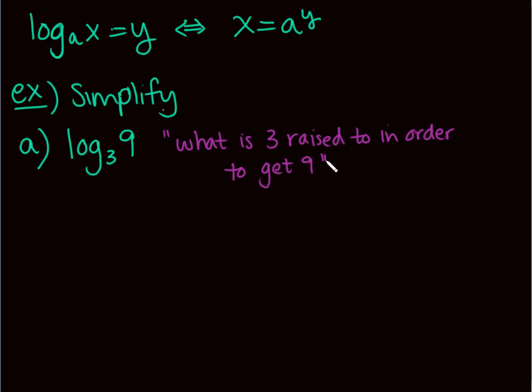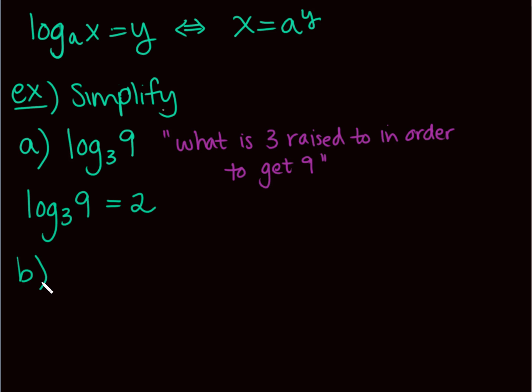Well, that's pretty obvious. I would raise 3 to the second power to get 9. So log base 3 of 9 is equal to 2. Log base 3 of 9 is the number 2. I know that looks a little weird, but that's what we mean by simplifying.